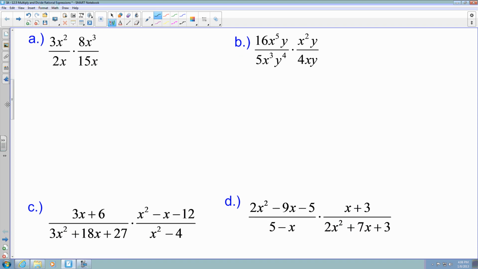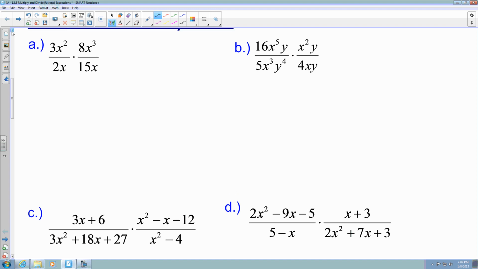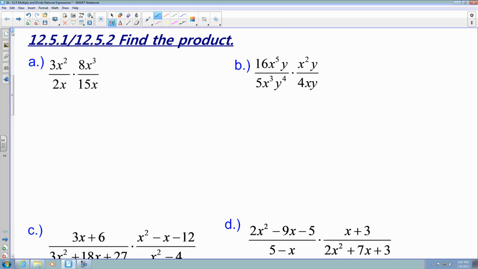For example A, I'm trying to find the product of 3x squared over 2x times 8x cubed over 15x. Again, my goal is to try to cancel out some of our values.